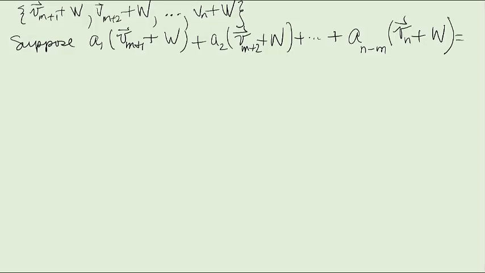But the zero vector in V mod W is W. So we are supposing that this coset on the left is equal to W.